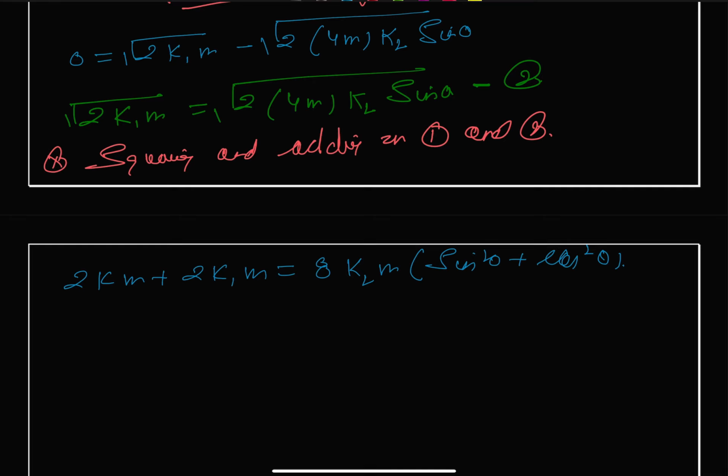We can cancel the mass, and 2 also goes by 4. So we get K plus K1 is equal to 4 times K2.